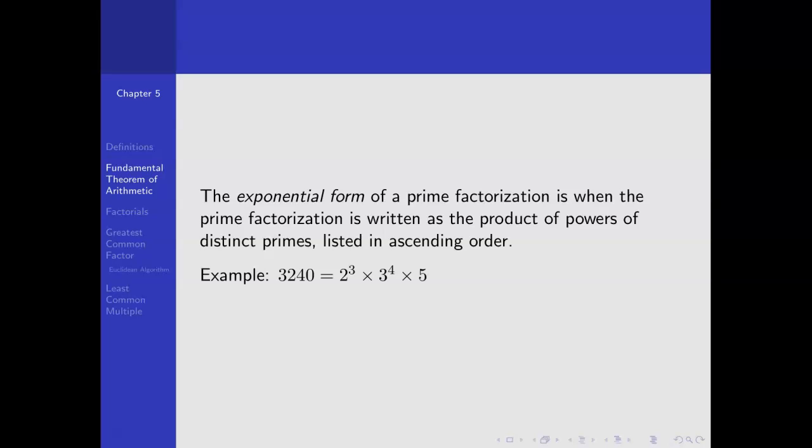So for example, 3240 is 2 to the third times 3 to the fourth times 5. And when we talk about listing this in ascending order, we're talking about the primes. We don't care what the powers are for that, but here we want 2 to come first, any 2s you have, 3 next, 5 next, then 7 would be the next prime that we would list if it was one of the factors, and so on.